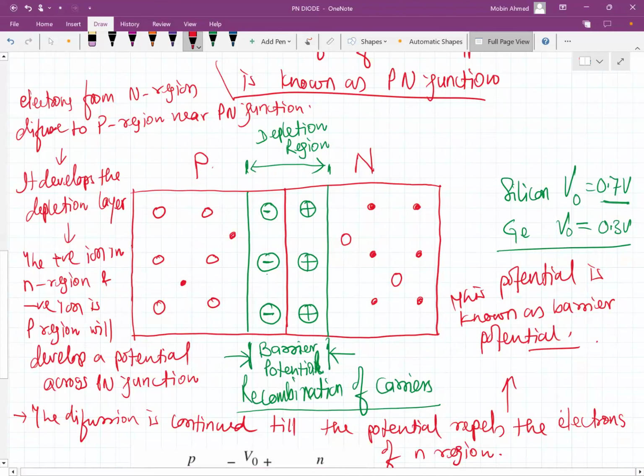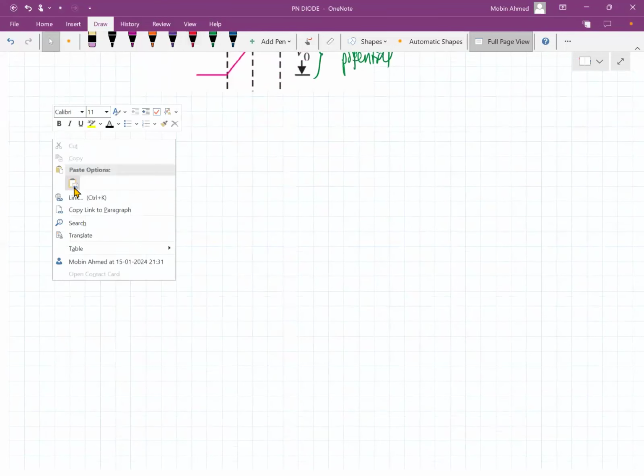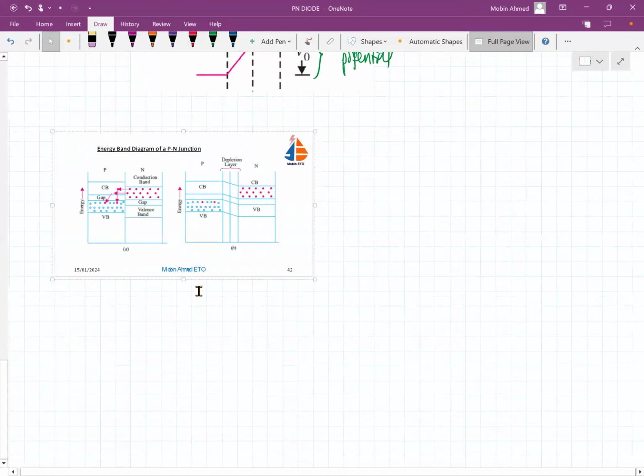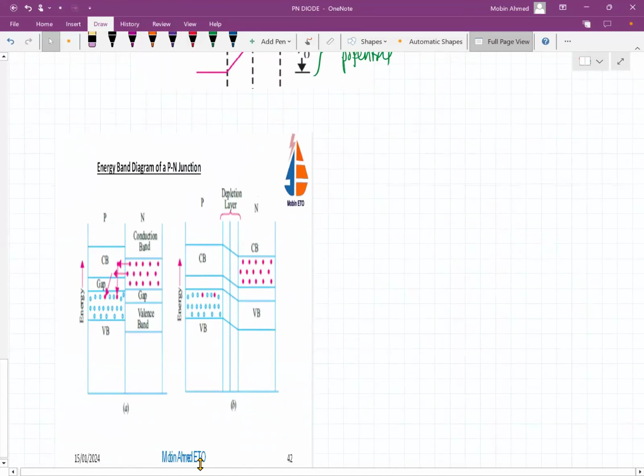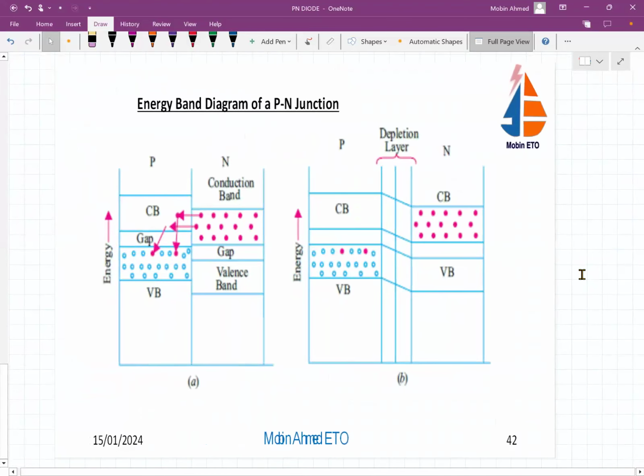Now let's see the energy band of this, how it looks like. Now you can see this is the p-type semiconductor and this is the n-type semiconductor.